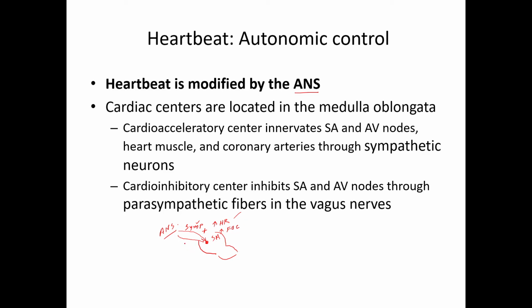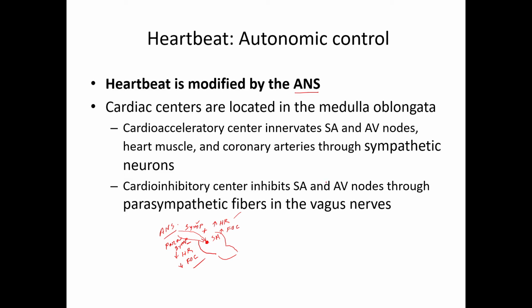So that is sympathetic. Parasympathetic is an inhibitory signal to the SA node. It will slow down the SA node, so the heart rate will be less. So parasympathetic is another division of the autonomic that will decrease the heart rate and decrease the force of contraction. That means it decreases the blood pressure.